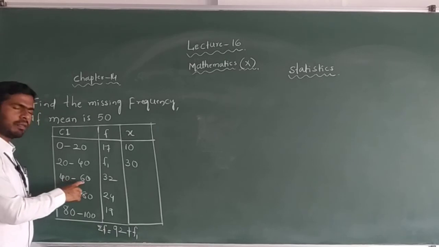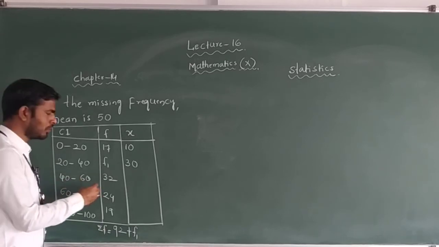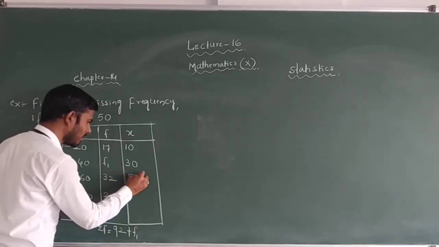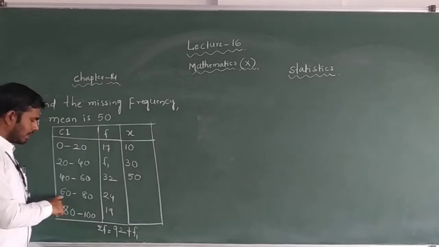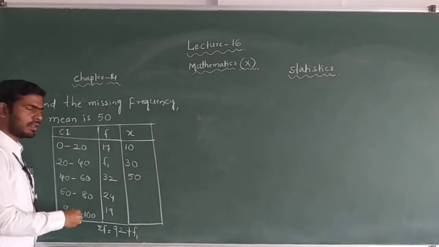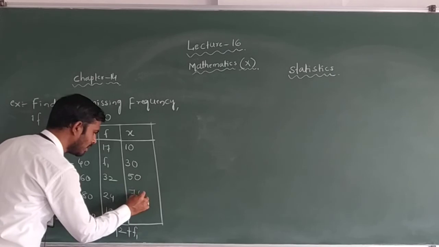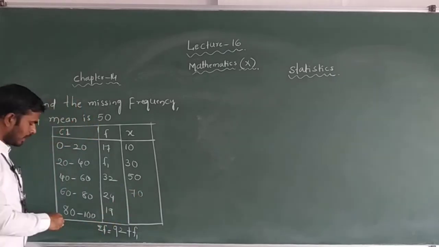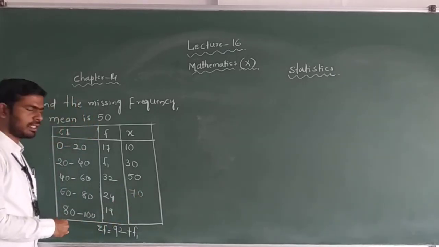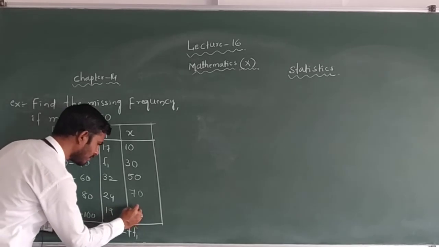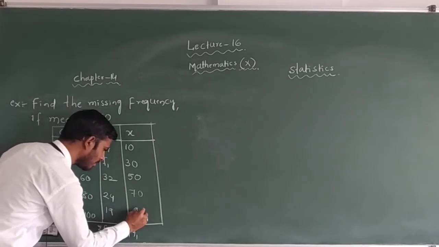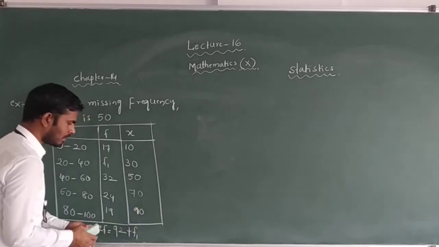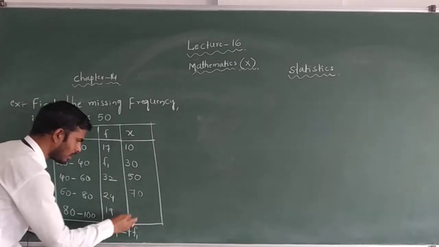Next 40 plus 60, 100, 100 divided by 2 is 50. Then 60 plus 80, total is 140, 140 by 2 is 70. Next 80 plus 100, 180 divided by 2 is 90.